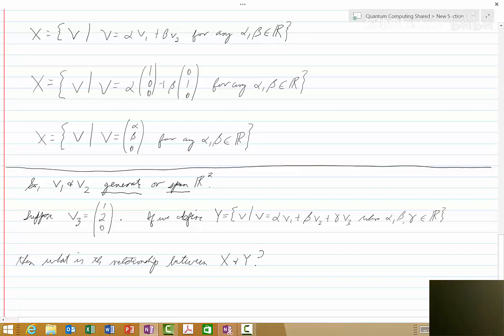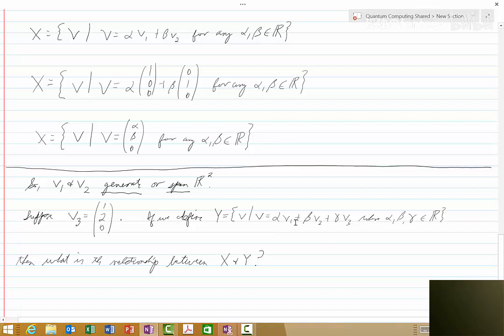Now, let me make sure you understand my thinking here. Remember that X was the set of all vectors that could be written as alpha V1 plus beta V2. But now we're going to let Y be the set of all vectors that can be written as alpha V1 plus beta V2 plus gamma V3. So what is the relationship between X and Y?